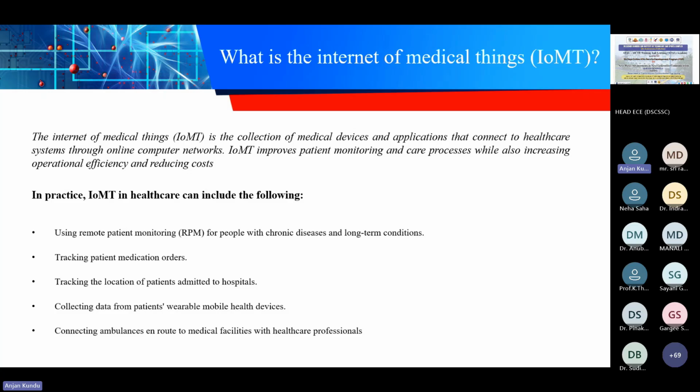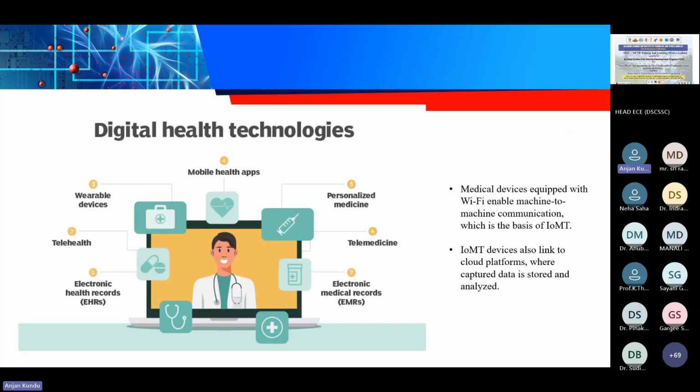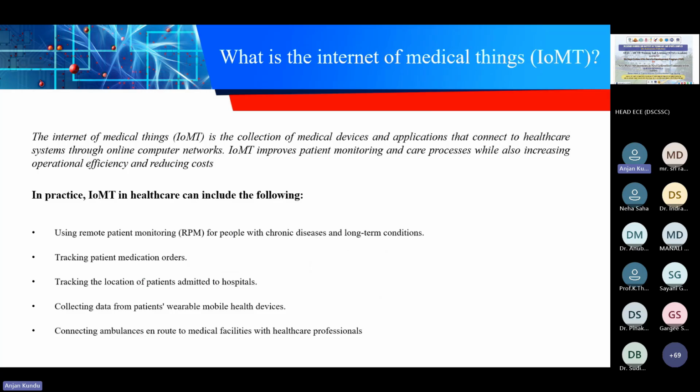So this domain, collecting data from the patient's wearable mobile health devices, is the one I will explain in detail, because one of my present research domains is developing wearable medical devices to collect data for the IoT.